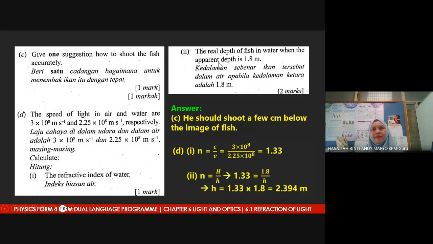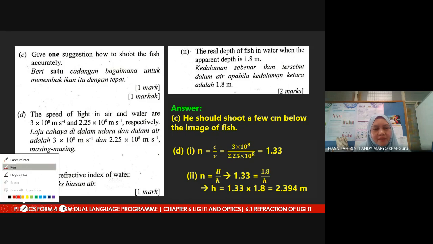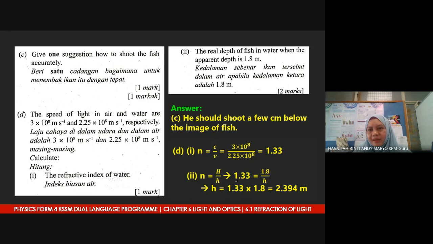Okay, find the real depth of the fish in water when the apparent depth is 1.8. So actually apparent depth is 1.8. So ni terbalik, apparent depth is 1.8. So I do correction first. Ni salah ni.